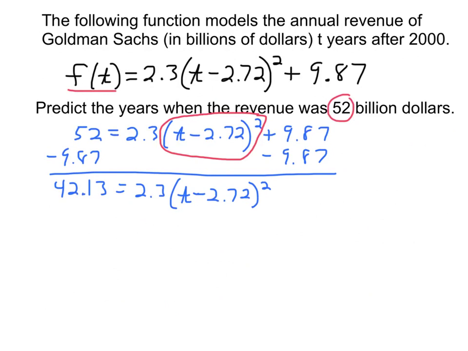And then you divide both sides by the 2.3. So 42.13 divided by 2.3 comes out to be 18, I'm going to round it a little, 0.32.